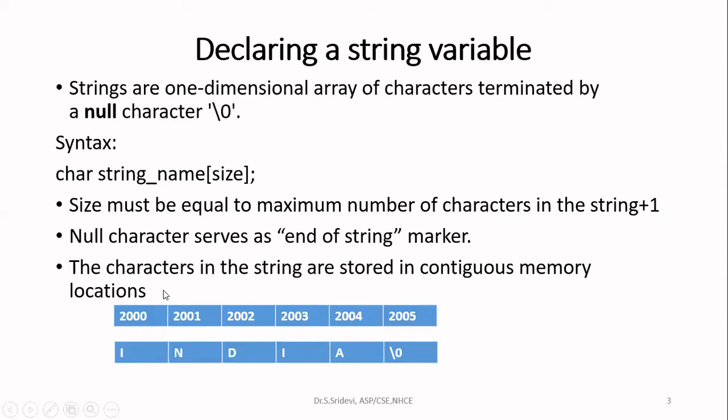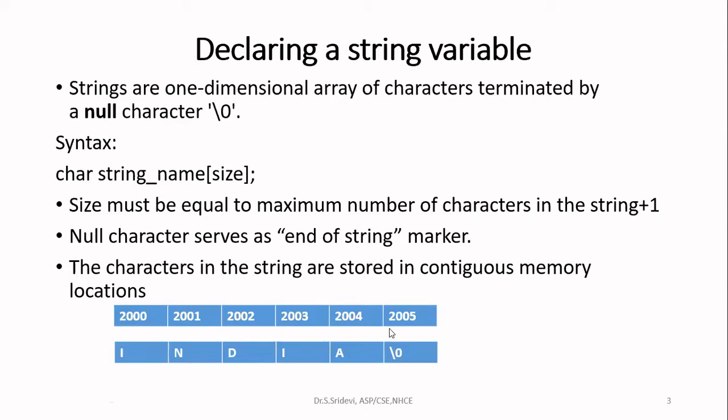Since we are storing the string in a character array, every array will be stored in continuous memory locations only. Therefore, all the characters in the string are stored in contiguous memory locations. So, I am going to store the string as India. If you see here, I have totally 5 characters in India, so I have to reserve space for the null character also. So, I'll be reserving memory for 6 characters.